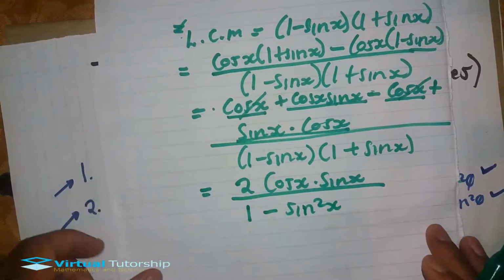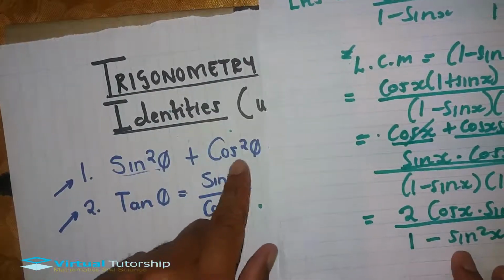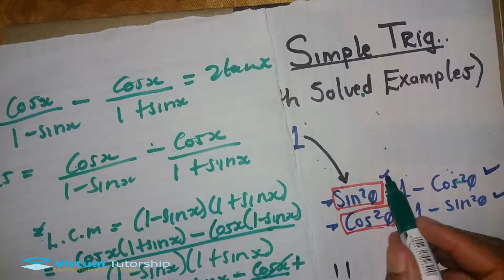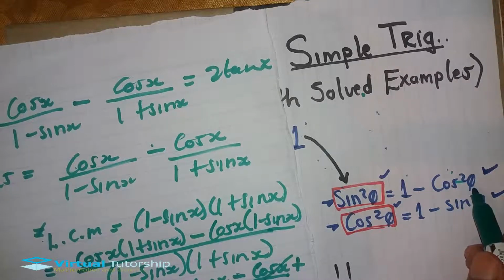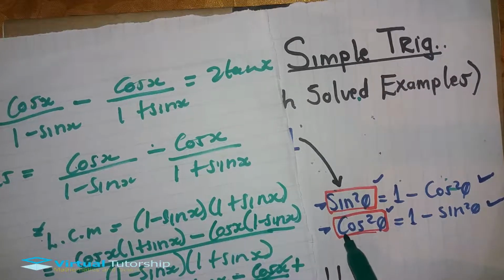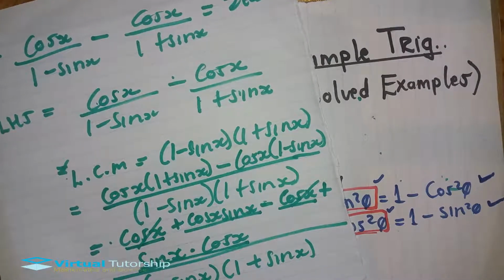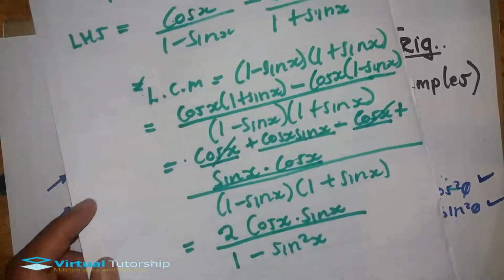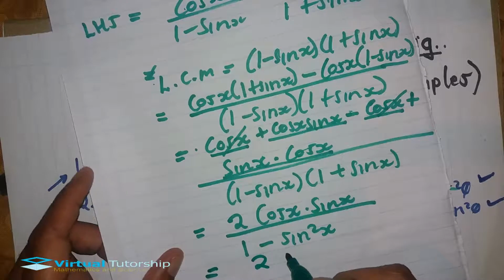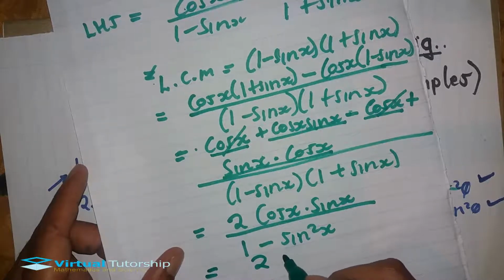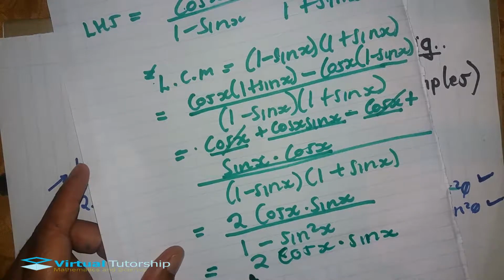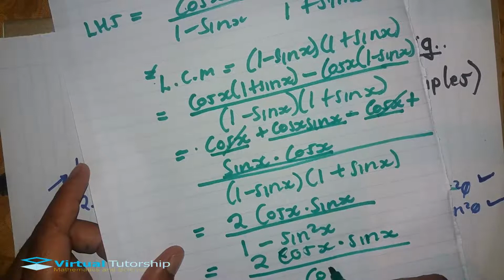Okay, you still remember the identity sine squared x plus cos squared x equals 1. We can rewrite it as sine squared x equals 1 minus cos squared x, so 1 minus sine squared x is also equal to cos squared x. So we can write 2 cos x times sine x over cos squared x.